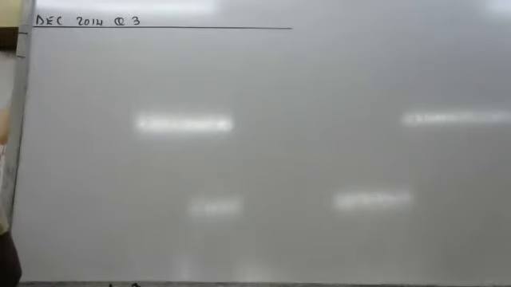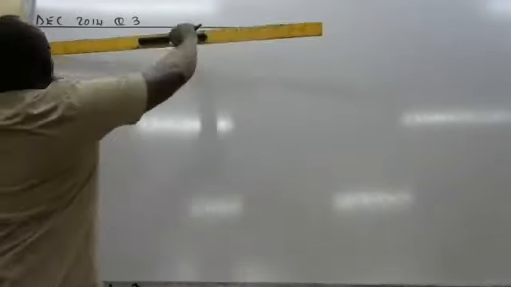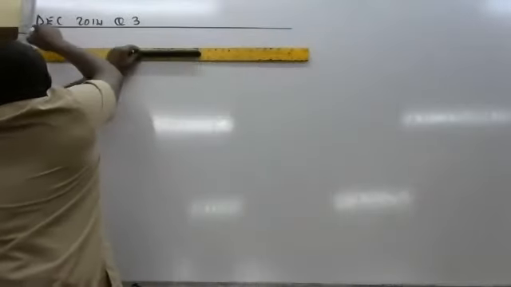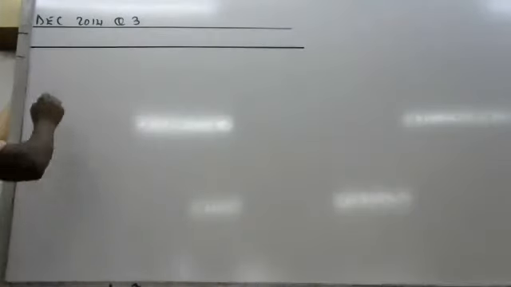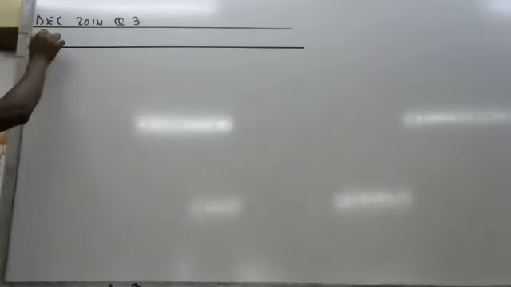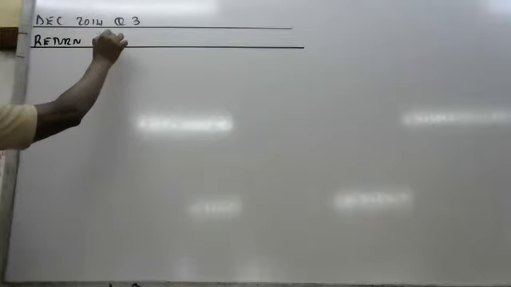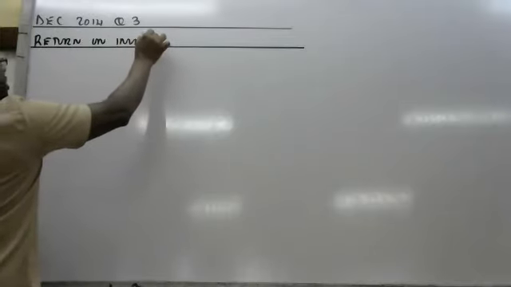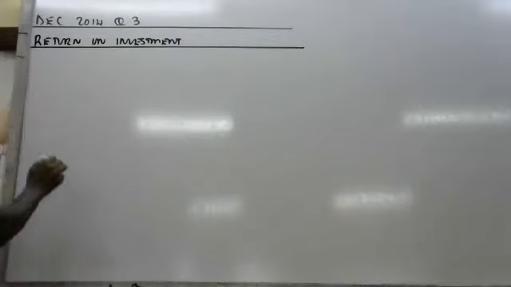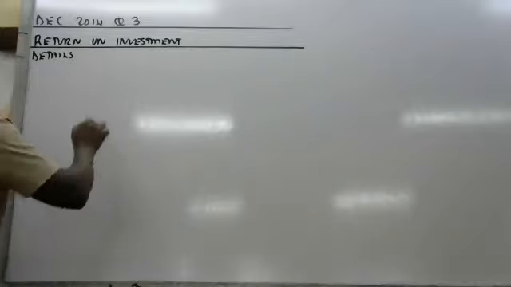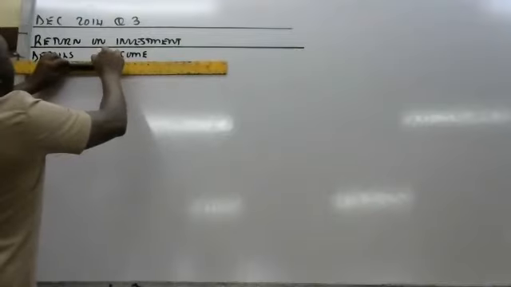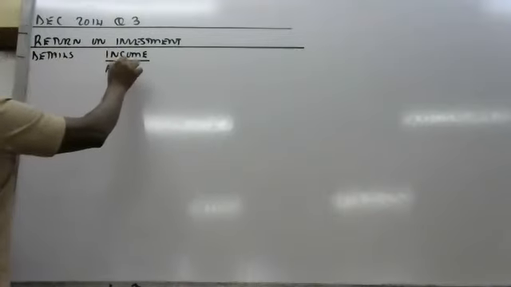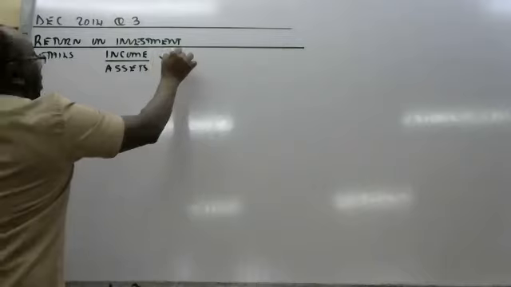So we can handle that this way. We are told to use return on investment. Now, return on investment, we know, is given as income divided by assets, multiplied by 100.